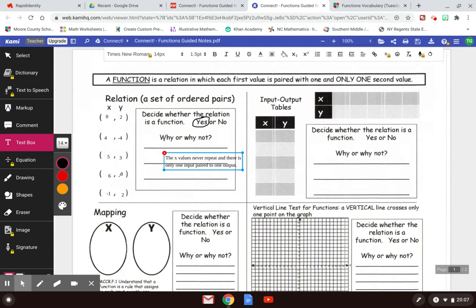Okay? So the easy way to remember it is, do any of the x values repeat? If the x values do not repeat, then it is a function. Okay? So that's our first one over here.